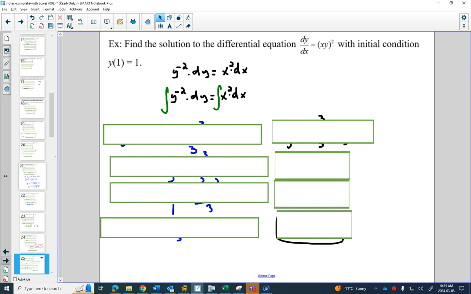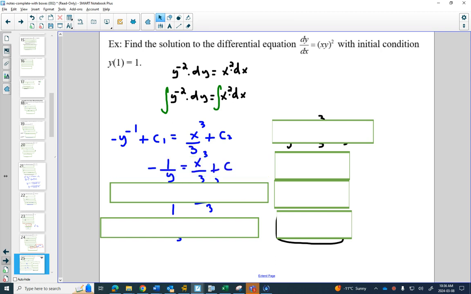Now this one gives us an initial condition, and so when we get our c value, we're going to be able to solve for it. So we've got our equation here, but you know that when y is 1, x is 1, you can plug in both of those values.